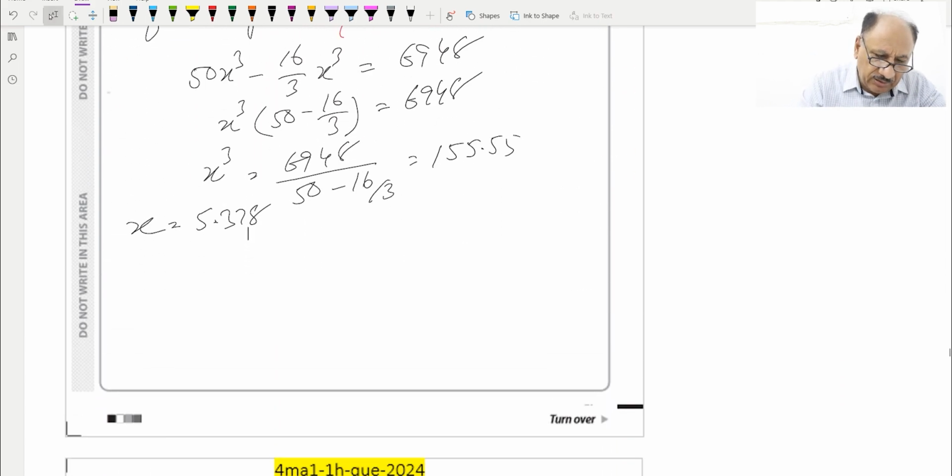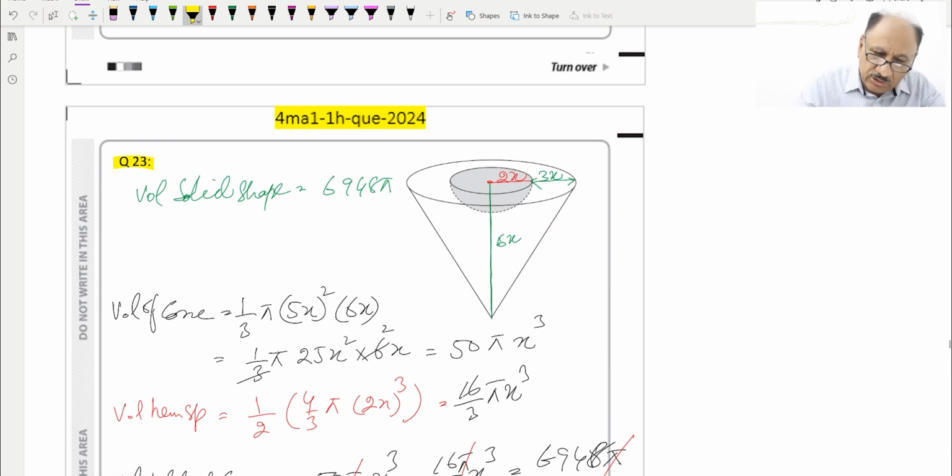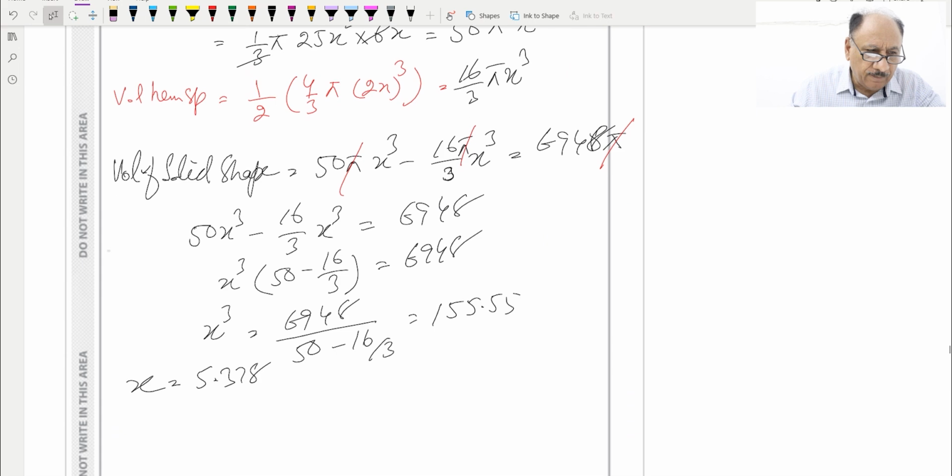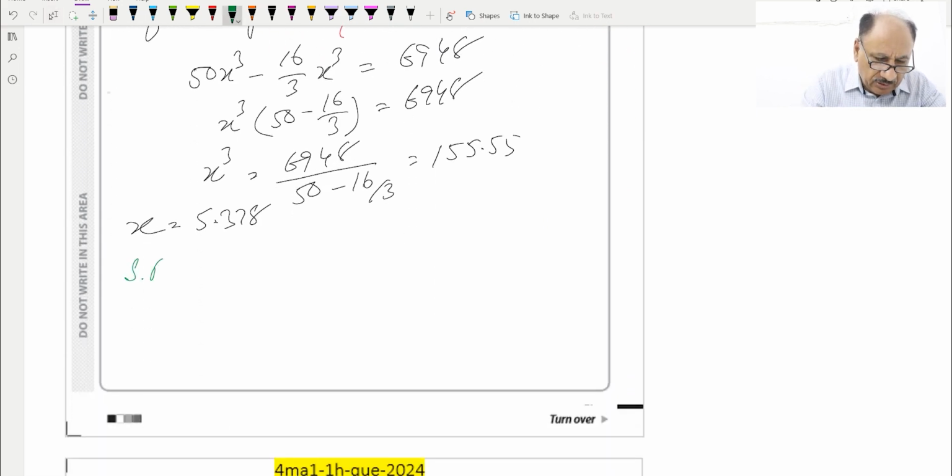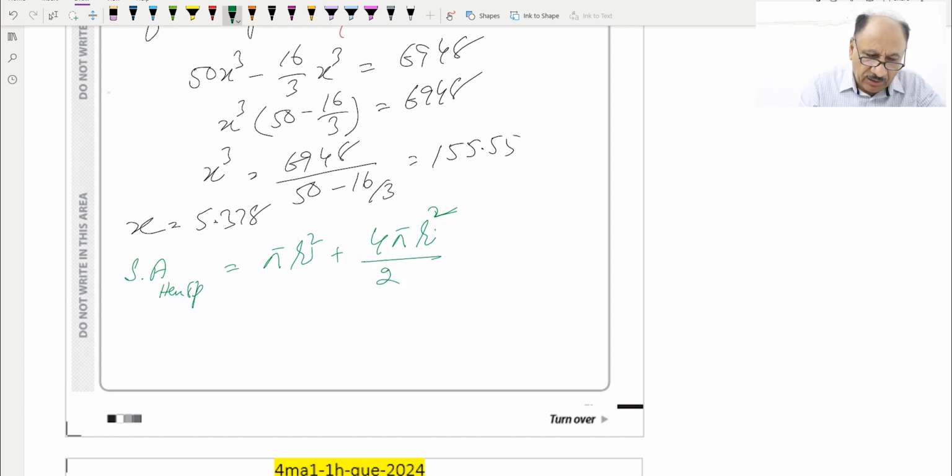Surface area of hemisphere will be pi r square, this circular area, plus 4 pi r square divided by 2, since 4 pi r square is the surface area of a sphere and we divide by 2 for a hemisphere. The radius is 2x, so it will be pi into 2x square plus 2 pi into 2x square, which is 4x square, so it will be 3 pi into 4x square.